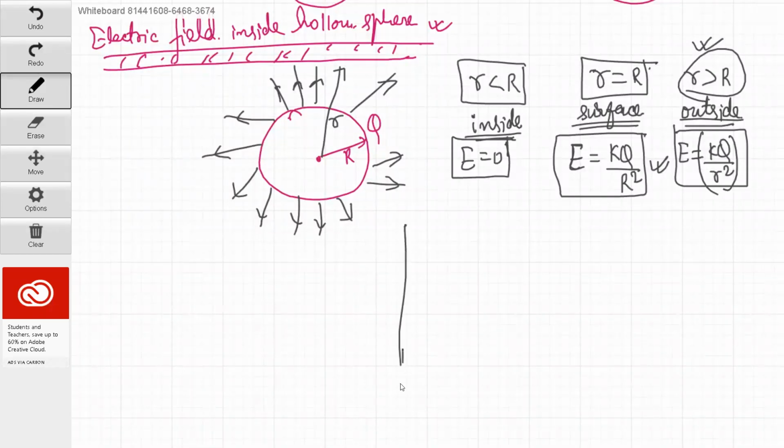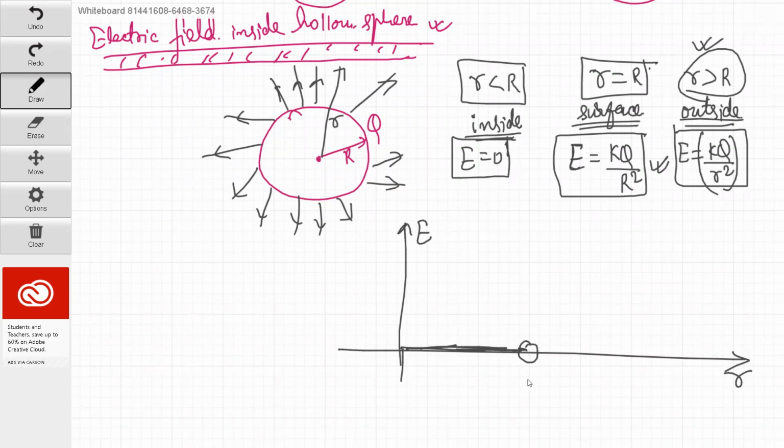Now suppose I have to draw the graph. This is the electric field and this is r. In the electric field versus r curve, the electric field inside will be equal to 0, and this is the point r equal to capital R. At r equal to capital R, the electric field suddenly increases and reaches kq by capital R square.